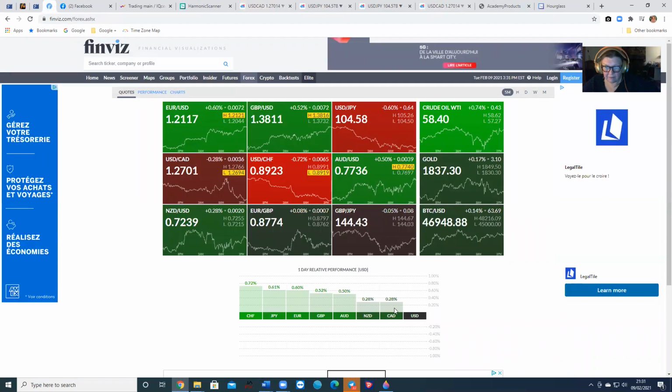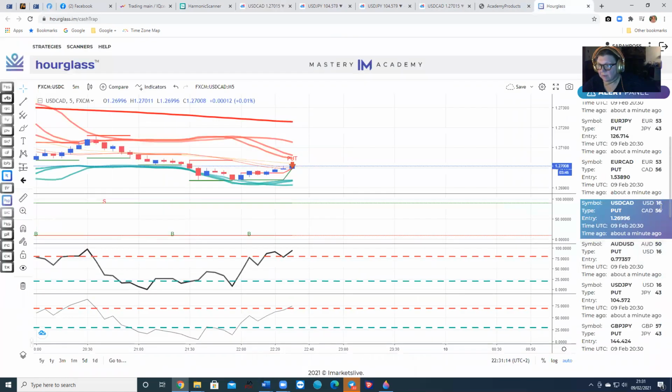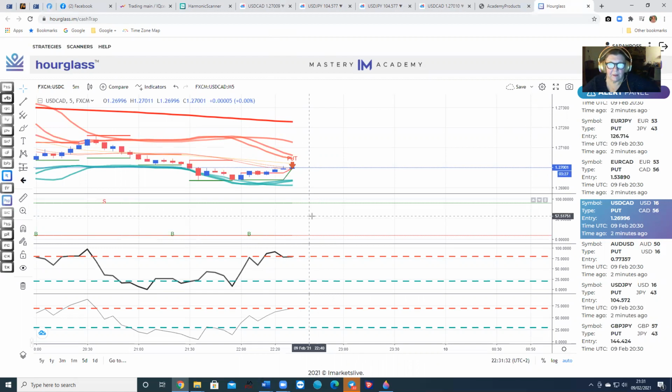Now, Canadian dollar is still stronger than the US dollar. And if we come over to Hourglass, it says US dollar 16 weaker and Canadian dollar 56. Yes, absolutely. So you'd want to take puts. You don't have to always look at the longer time frame, but this is in response to people thinking, well, I don't think maybe that shorter time frame analysis is always accurate.